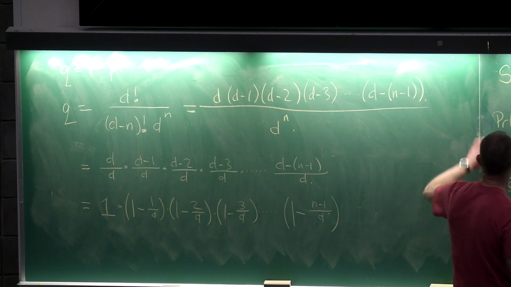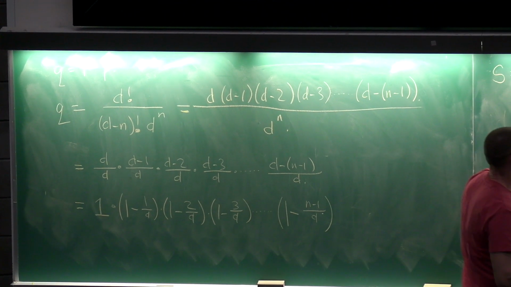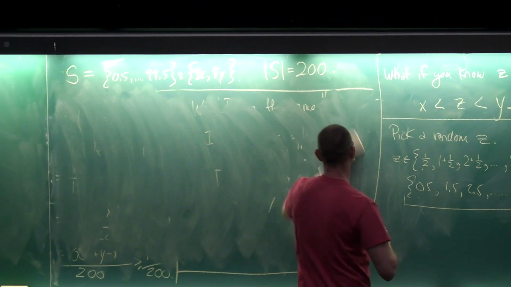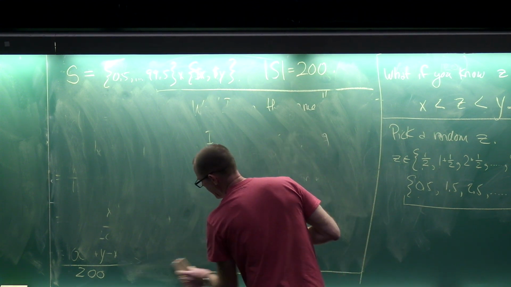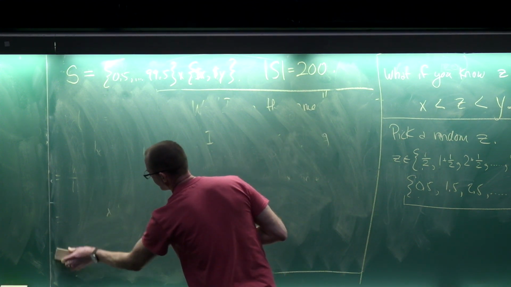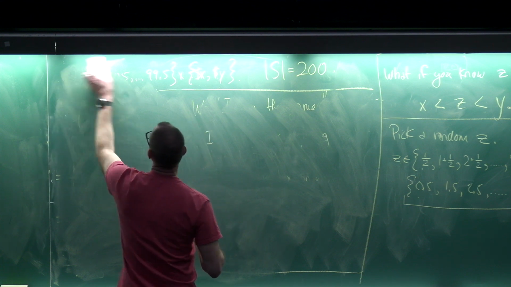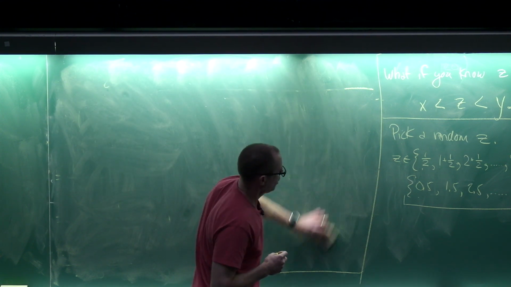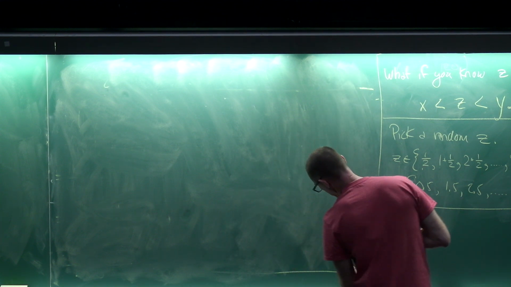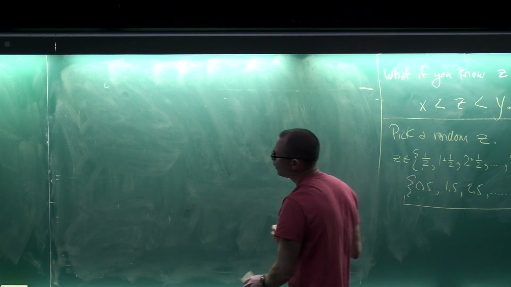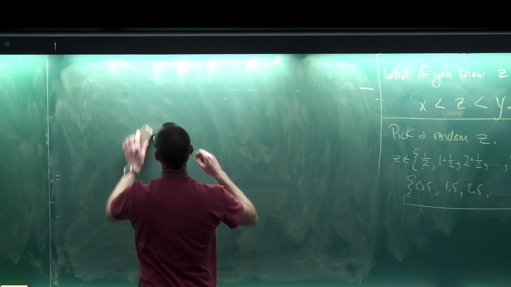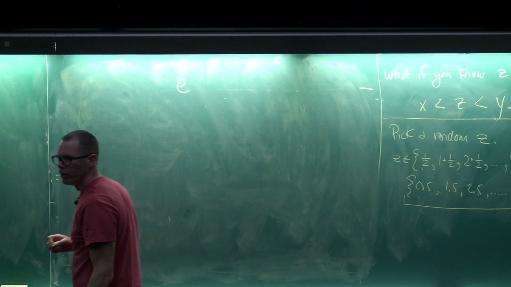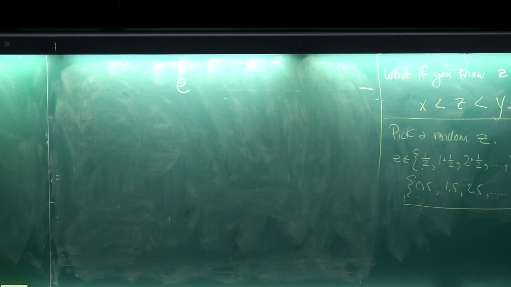So go back to a calculus course and remember that there's this magic number e called Euler's constant, and it's involved in lots of neat things.